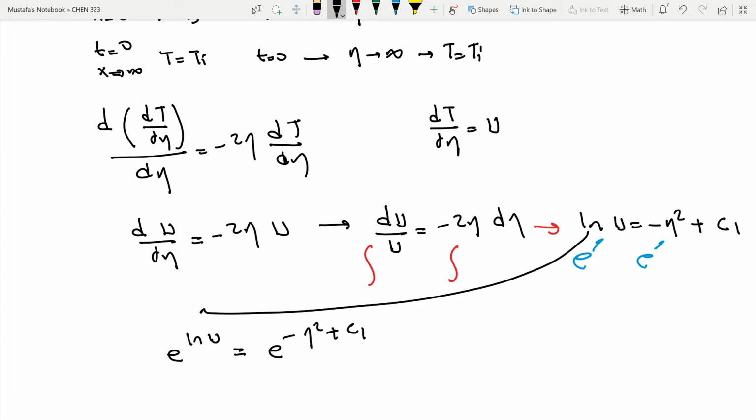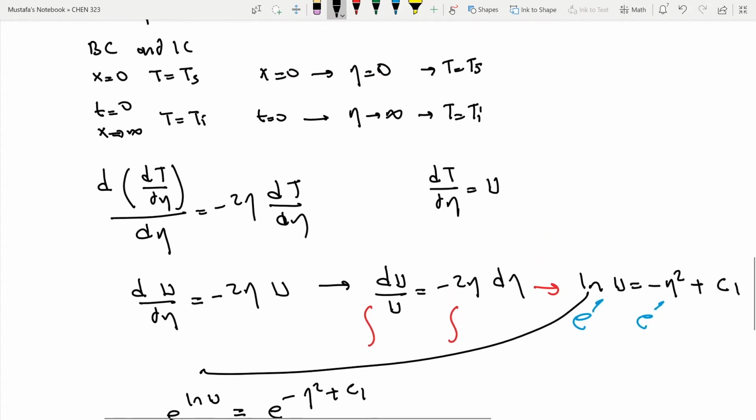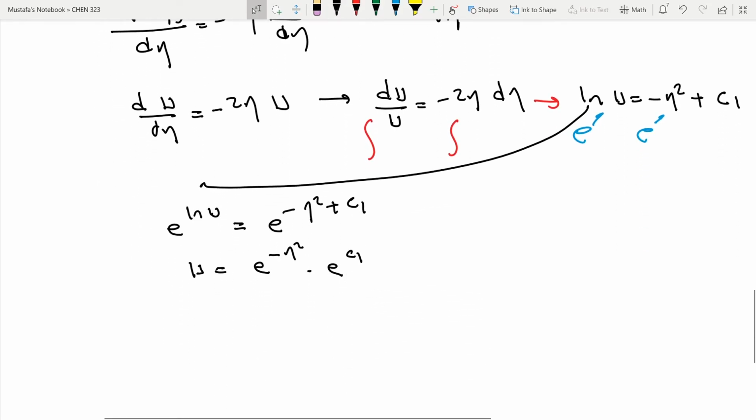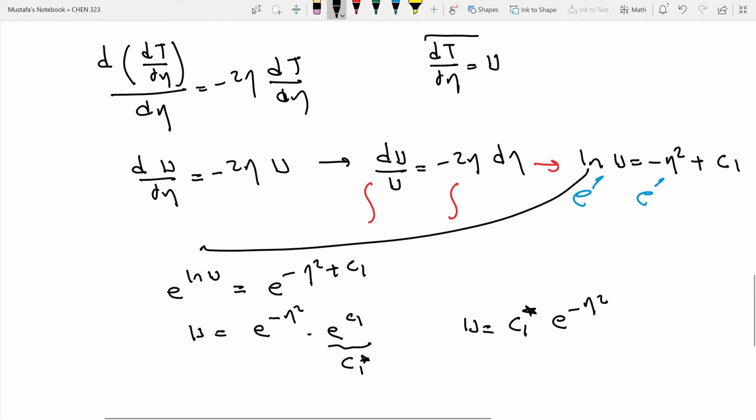So e to the ln u is going to give us u, and on the right we can separate this as e to the minus eta square multiplied by e to the C1, and since C1 is constant, e to the C1, I can call this C1 star, a new constant. So that means u is equal to C1 star e to the minus eta square, and u is the variable that I just introduced here.